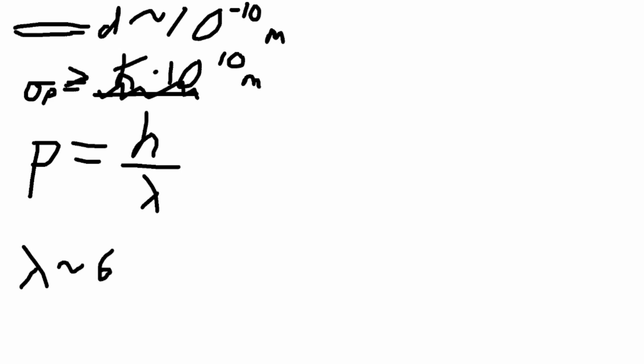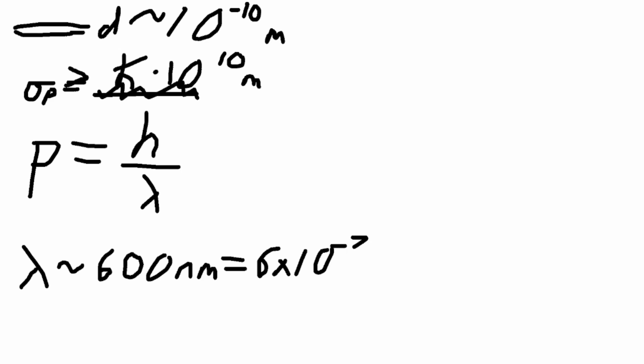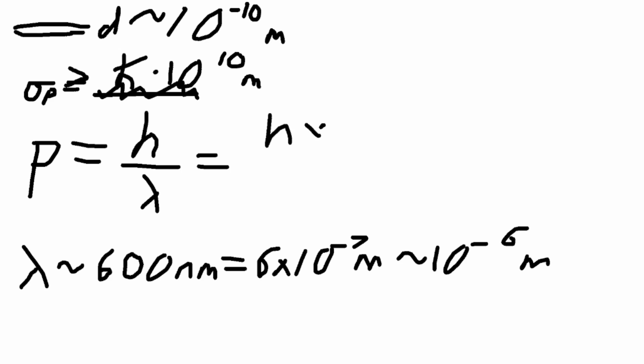So let's say the ray of light is 600 nanometers, which is equal to 6 times 10 to the minus 7 meters. And again, we're just going to round to the nearest order of magnitude. I'm just making a point here. So 6 is closer to 10 than to 1. So we'll say this is approximately 10 to the minus 6 meters. Okay? So putting this up here, bring that on the top, we have h times 10 to the 6 meters.